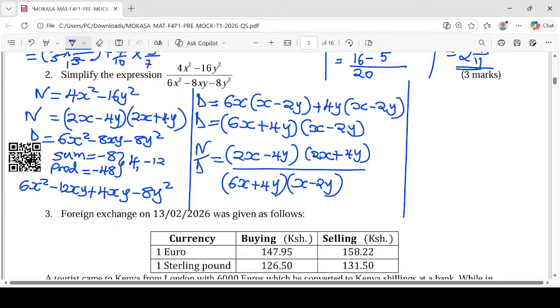And when we factor out 2, let me have it this way. I'm still dealing with the numerator over the denominator.